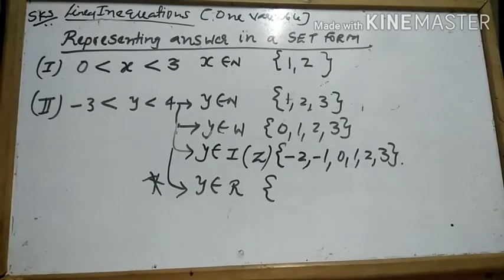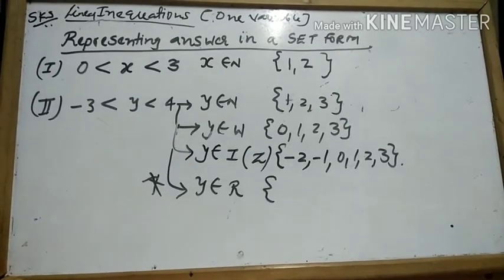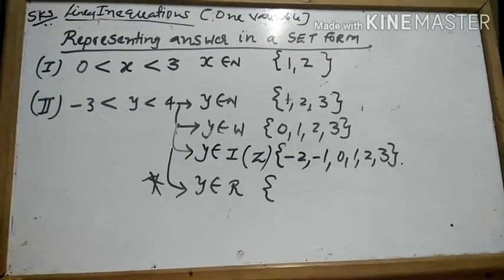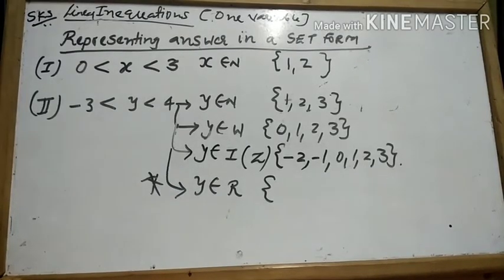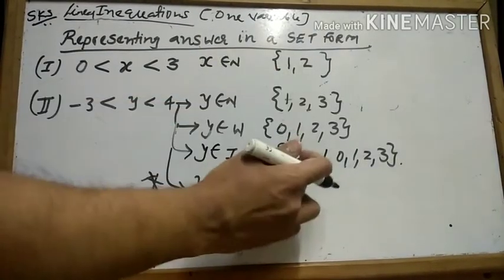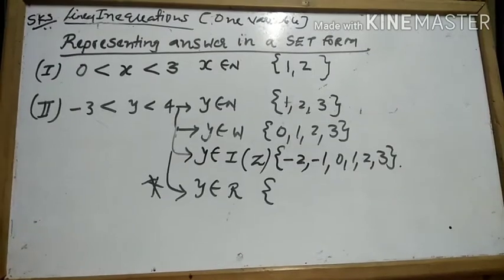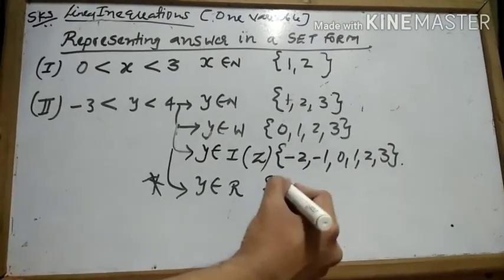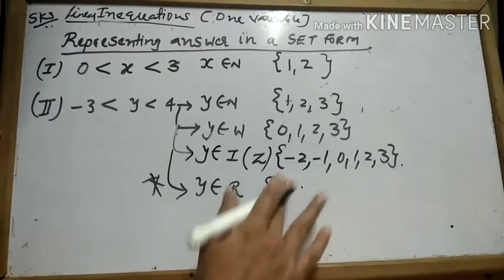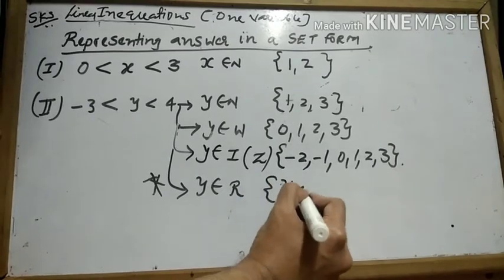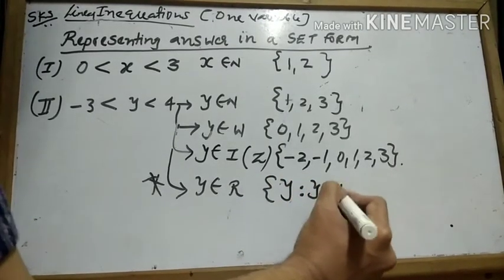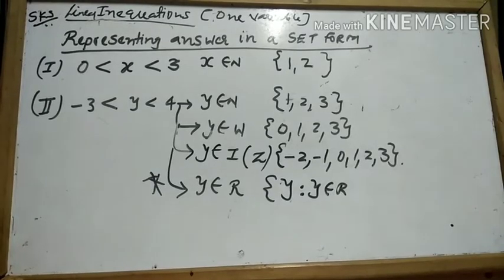You should know a set can be written in two ways: set form, that is rule form, as well as listing form. The 1, 2, 3 examples are listing form. Now, rule form, how will I write it? Here the variable is y such that y belongs to real numbers.